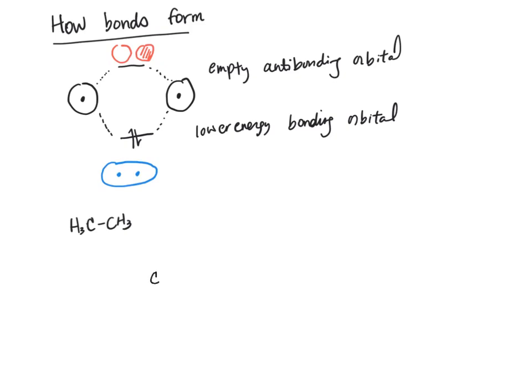We have a carbon atom, and 3 hydrogen atoms per carbon. Here, all of our orbitals are sigma bonds.